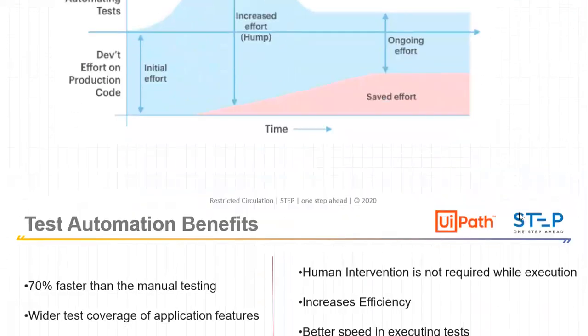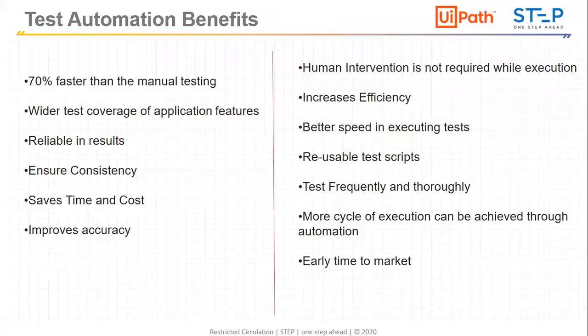Let's see what benefits we are getting from automation. We have seen at the start the test automation strategy, the scope, what test cases are to be automated and what not to be automated, and what things lead to good ROI out of automation. We also saw the difference between traditional coded automation, the development automation, and RTA, that is robotic test automation using UiPath Test Suite, and how easy it is for a non-IT person who doesn't know how to code, or an IT person who doesn't want to code.